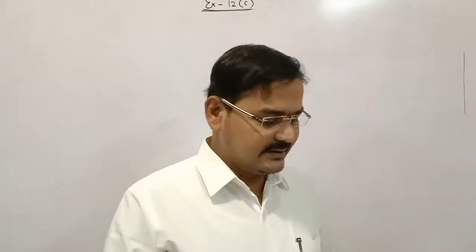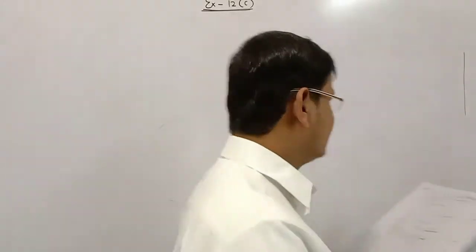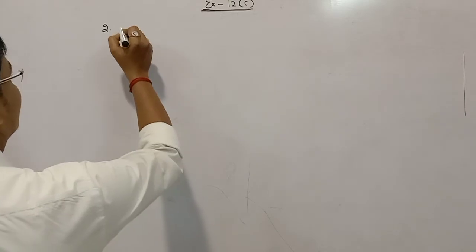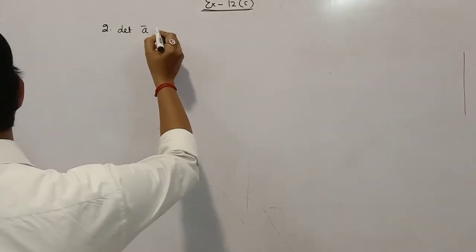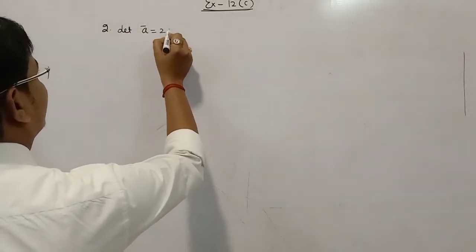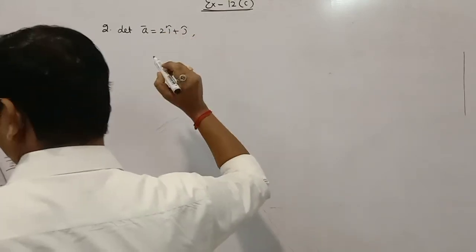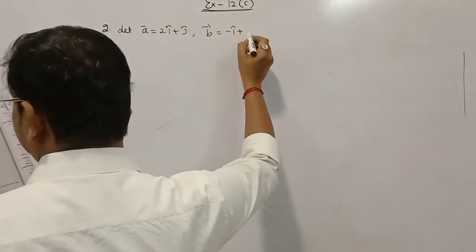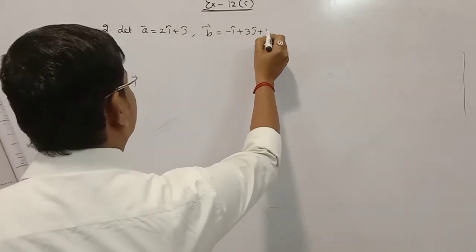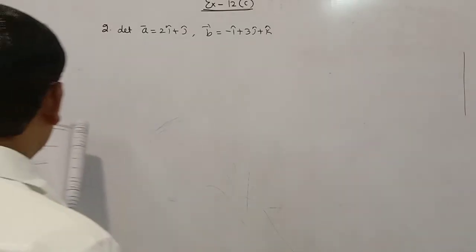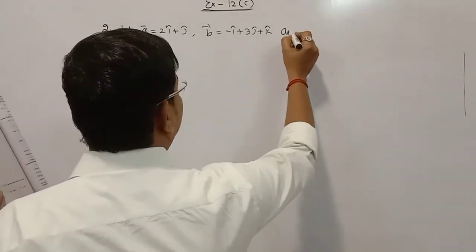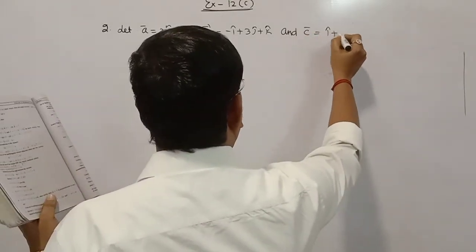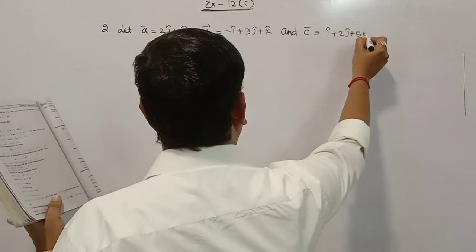And the second main question is given. See question number 2. What is given? Let a bar is equal to 2i bar plus j bar, b bar is equal to minus i bar plus 3j bar plus k bar, and c bar is equal to i bar plus 2j bar plus 5k bar.